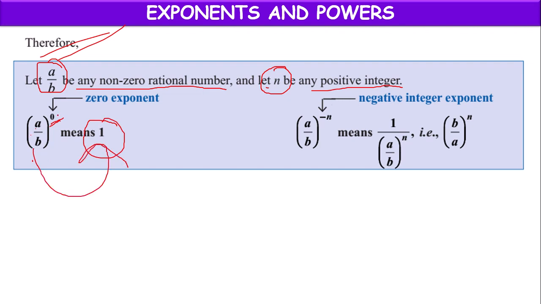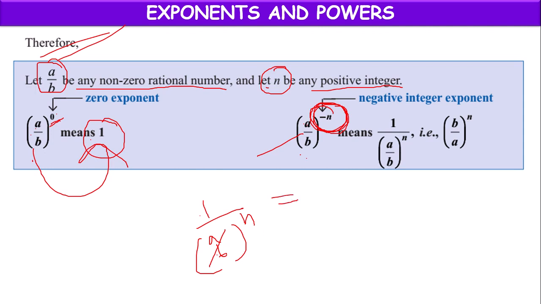Any base to the power of 0 always equals 1. If this same a by b has a negative exponent, it can be written as 1 by the same base, but the exponent will become positive: 1 by a by b whole power n.